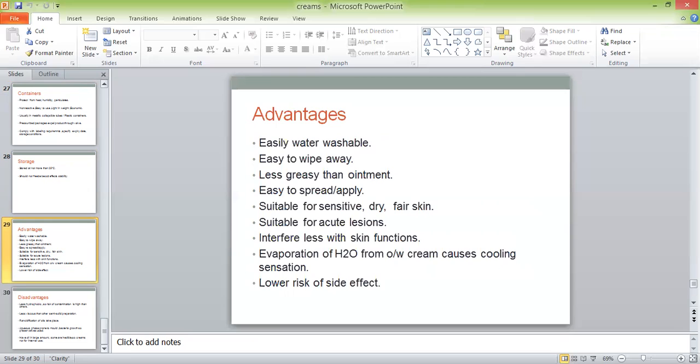They are suitable for sensitive skin, dry skin, and fair skin. They are also suitable for acute lesions, and they do not interfere with skin functions. Evaporation of water from oil and water creams causes a cooling sensation on the skin, and they have a very low risk of side effects.